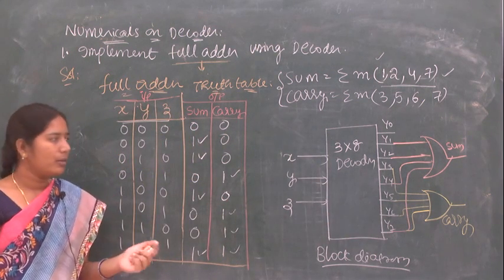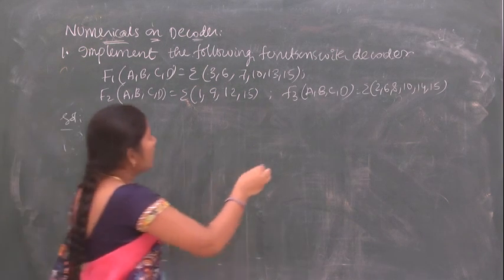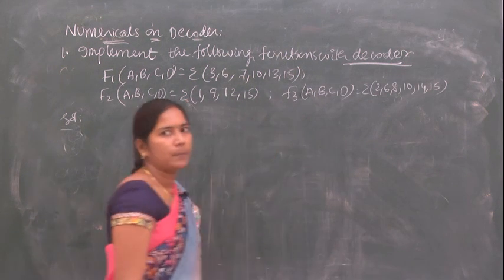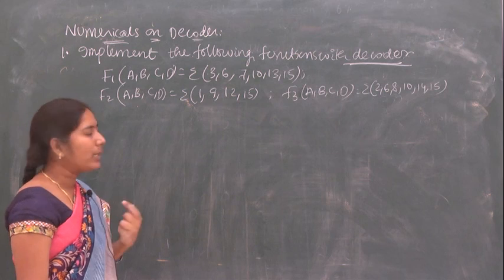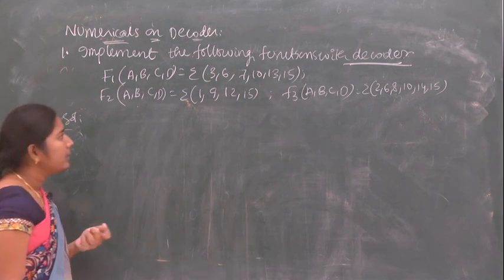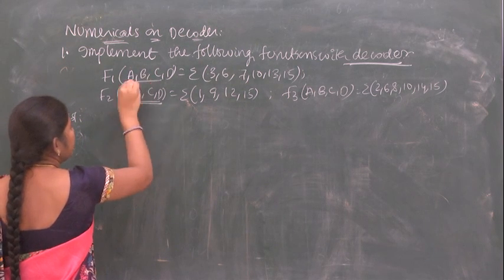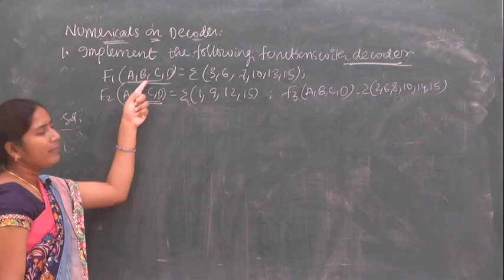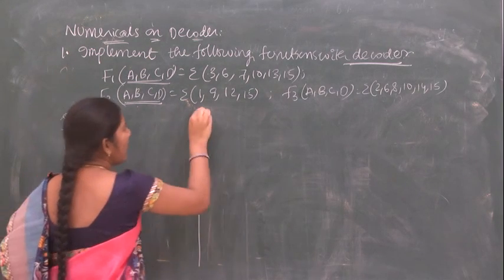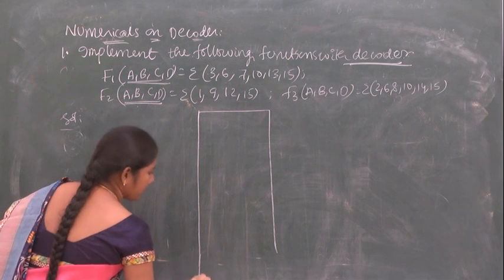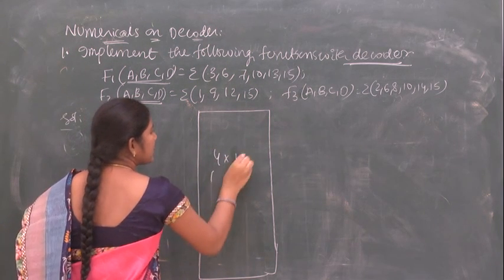Okay. Now we'll solve one more example. In this, we need to implement the following 3 functions using a decoder. If you want to implement with a decoder, first identify what type of decoder is required. That always depends on the number of inputs. As we have 4 inputs, consider a decoder with 4 inputs. So we take a 4 cross 16 decoder.